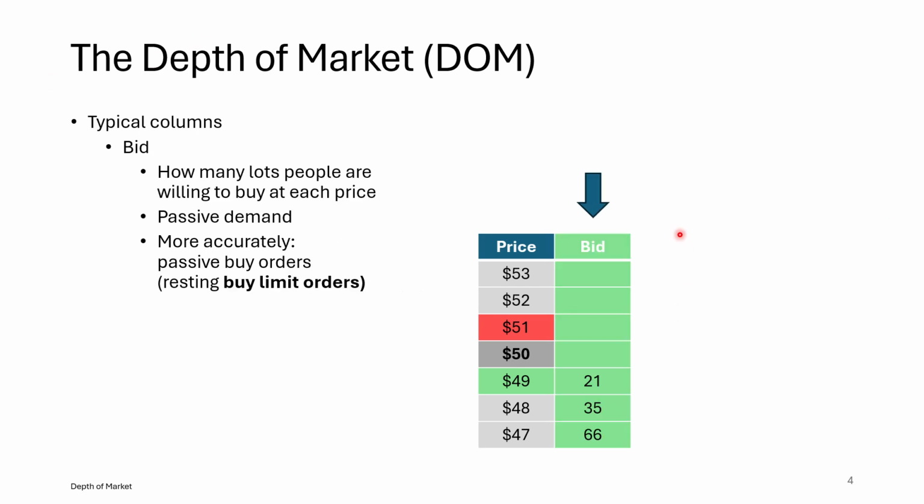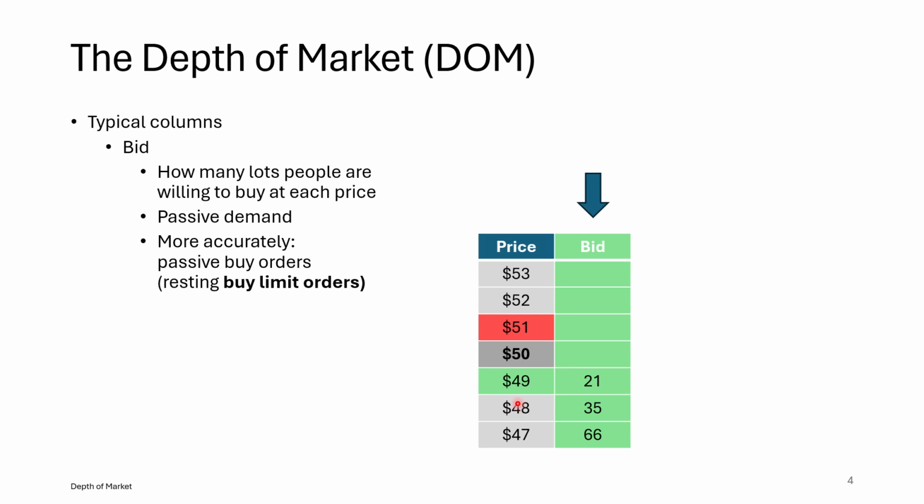The next column is the bid column. In the bid column, you can see how many lots people are willing to buy at each price. We can also call that passive demand, or to be more accurate, passive buy orders or resting buy limit orders. In this example, at a price of $49, you see that in total, people are willing to buy 21 lots at this price.